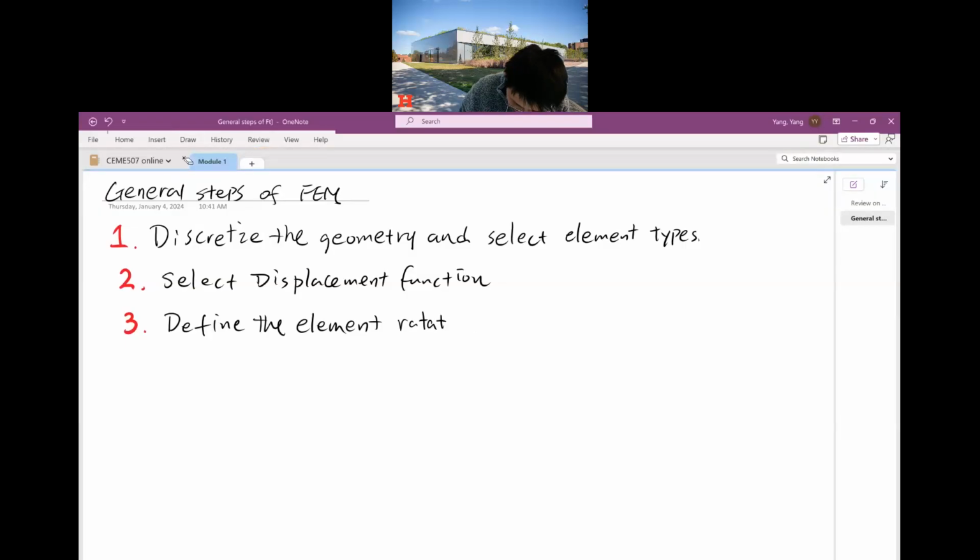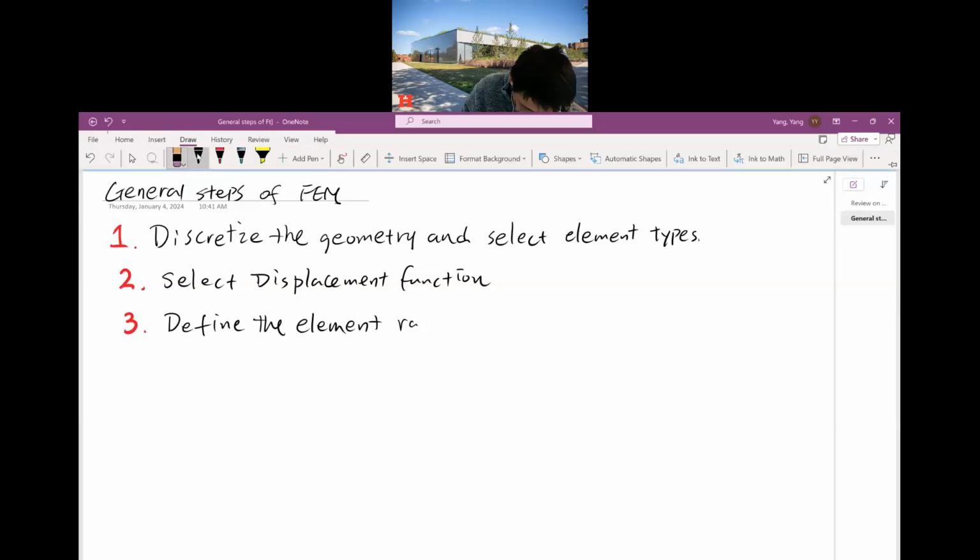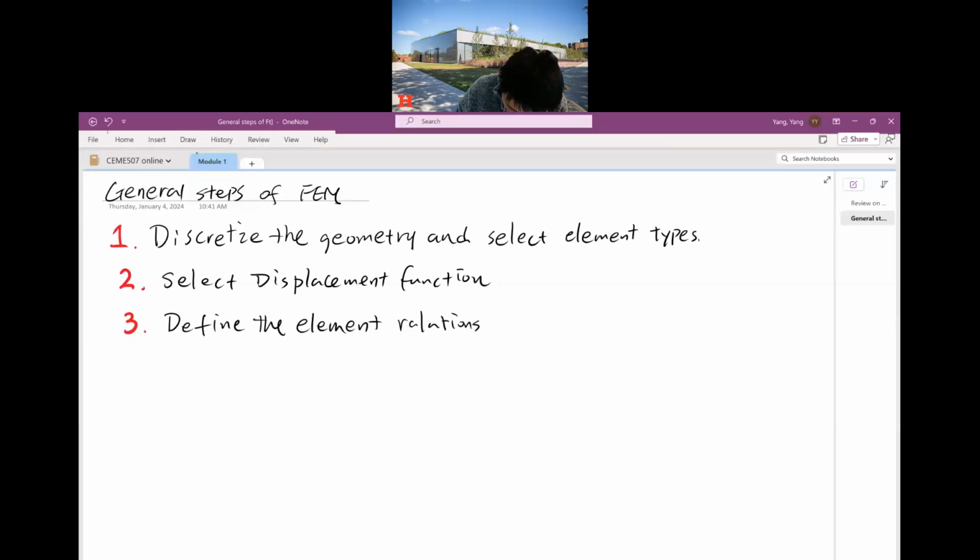After we select the displacement functions, we should be able to find the relationship between stress and strain, as well as the relationship between force and stresses, as well as the displacement and strains. Right? So this is the third step.